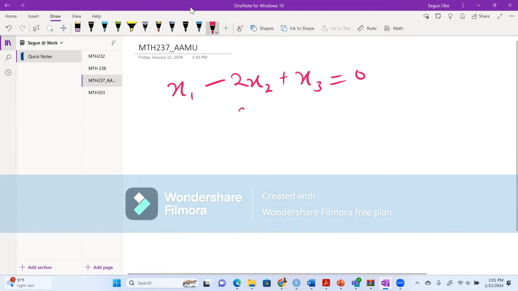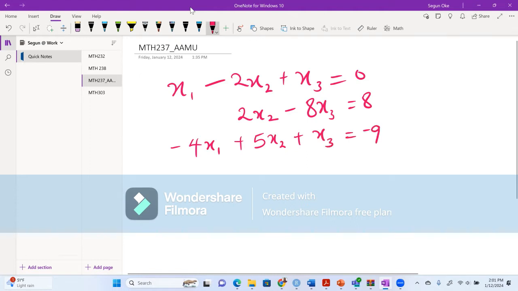Then we have 2x2 minus 8x3 equals 8. Then we have negative 4x1 plus, this is what is missing there, 5x2 plus x3 equals negative 9.